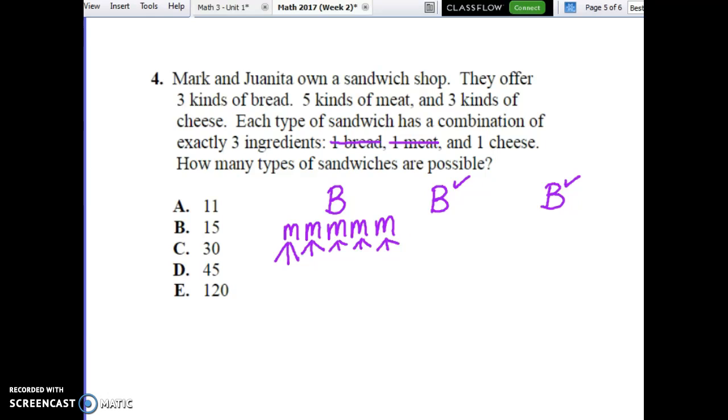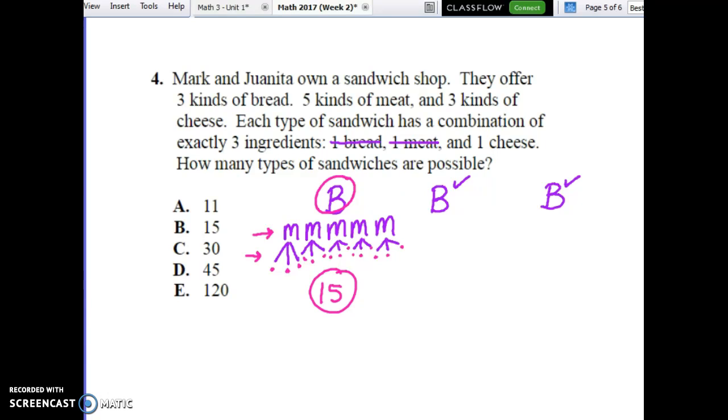So if we choose the first type of bread, and then our 5 different choices for meat, and our 3 different choices for cheese, we could have 1, 2, 3, 4, 5, 6, 7, 8, 9, 10, 11, 12, 13, 14, 15 different sandwiches just from that first type of bread.